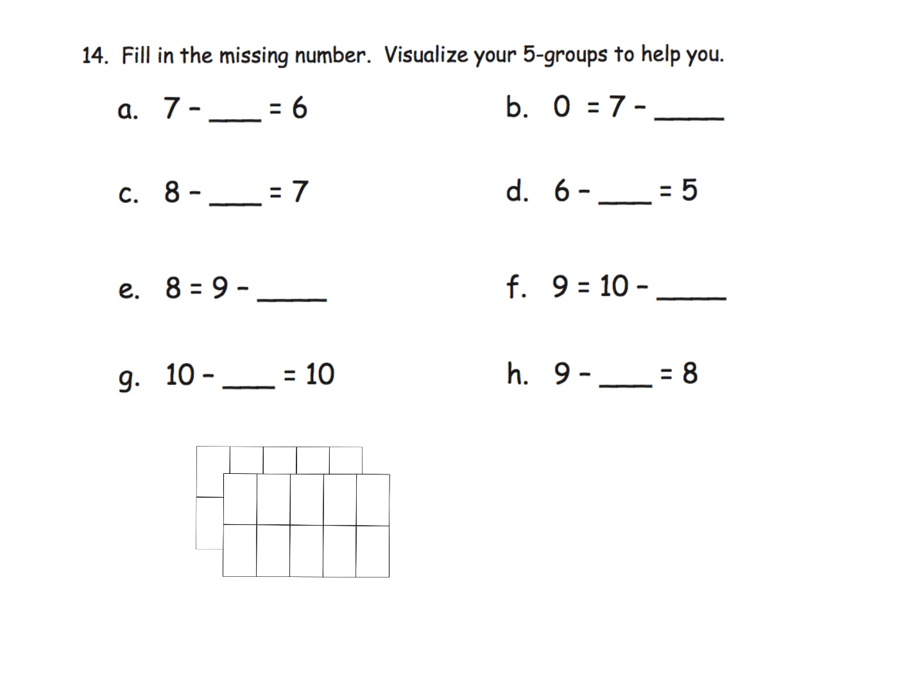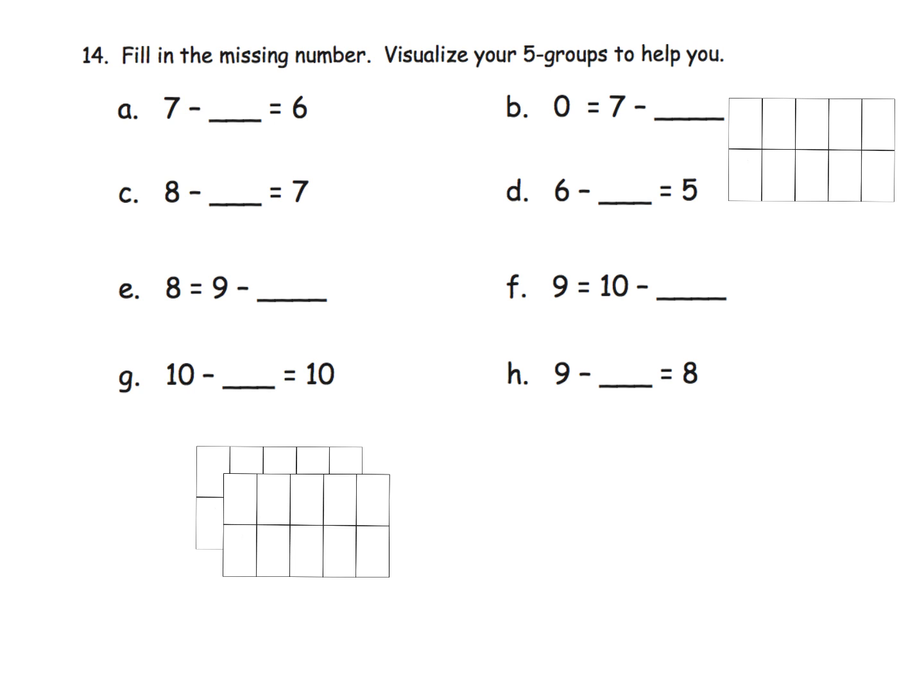And last one, just more of the same. Students really might need some sort of representation, whether they use the 10 frame or the dots. It's entirely up to them. I'll model both ways. Let's take a look at A. First thing we're going to do is model 7.